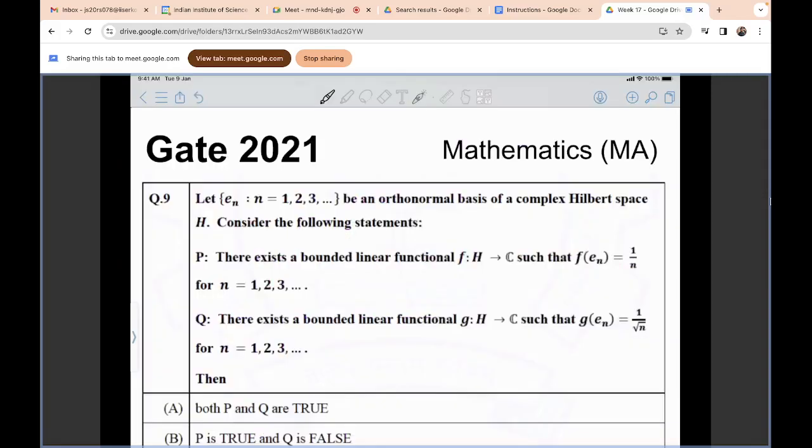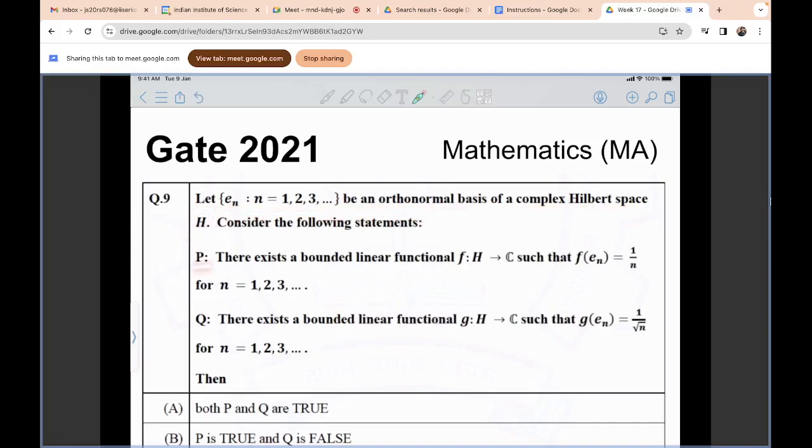Okay, so let's start. Today we'll solve a GATE 2021 question. This is a question from functional analysis, question number 9. It says: let e_n be an orthonormal basis of a complex Hilbert space H, and consider the following statements.